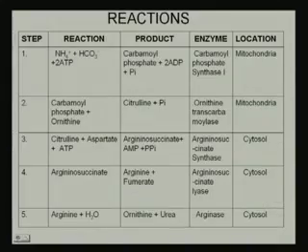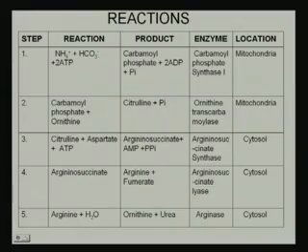Now, at a glance, if I give you the overview of this urea cycle, initially the ammonium ion and bicarbonate, in the presence of two molecules of ATP, produce carbamyl phosphate, which is the first product of the urea cycle.